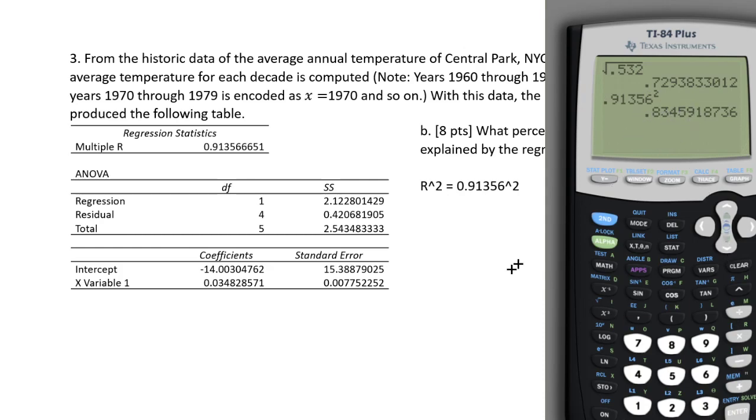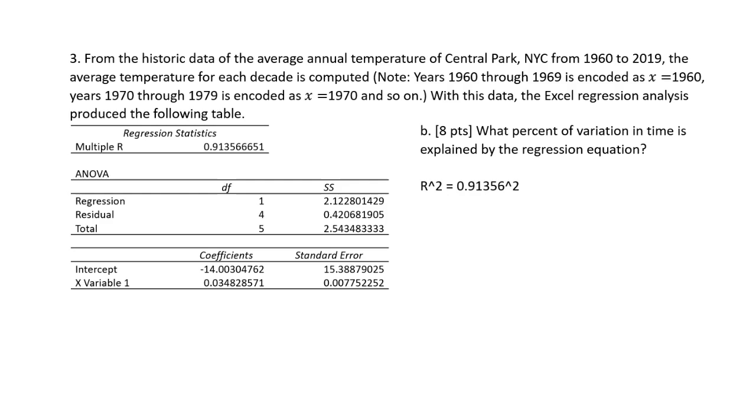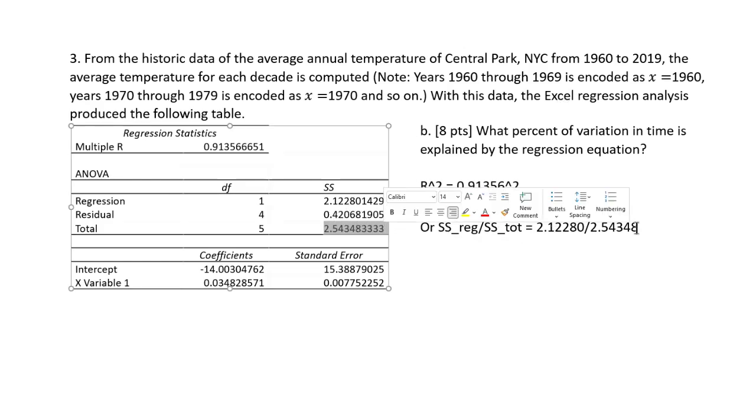So that's the value. Now, alternatively, you can also do sum of squares of regression out of the sum of squares of the total, because these are both some quantities before divided by n equals to 6.